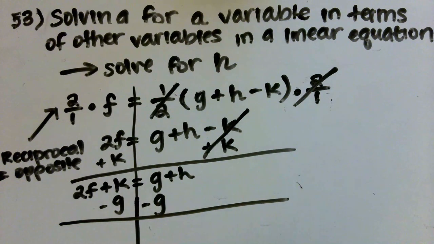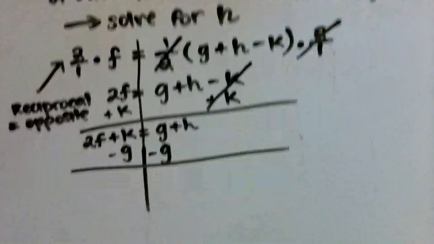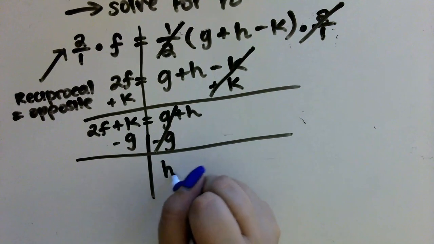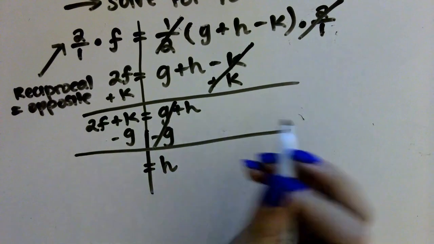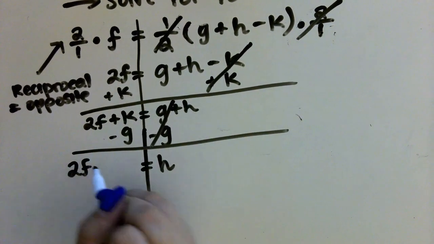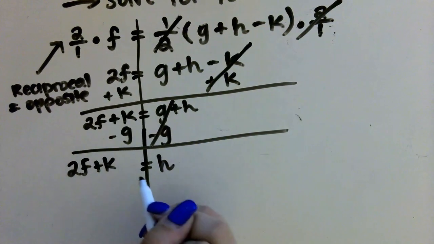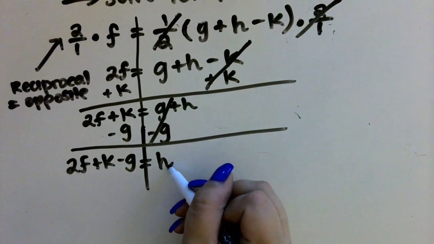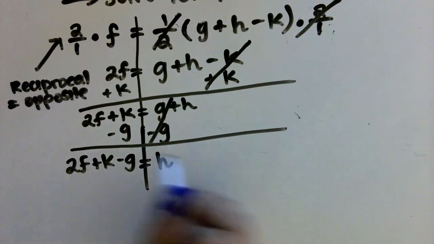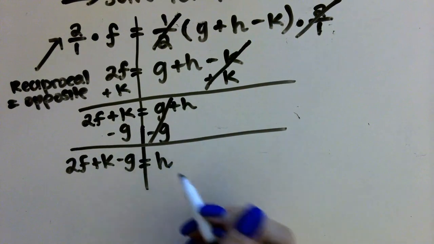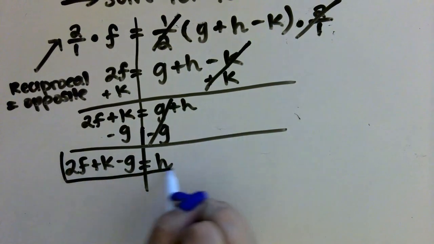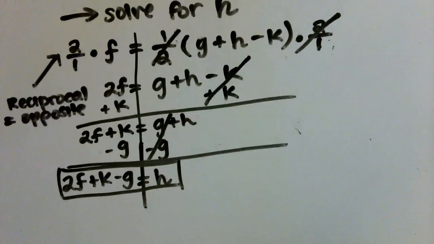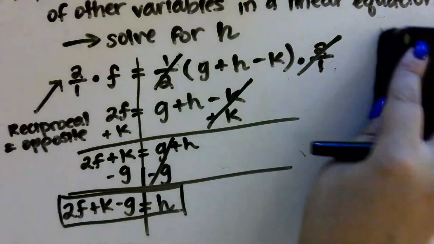Again, draw that line. These cancel out, so all I have left on this side is just an h is equal to 2f plus k minus g. We have solved for h in terms of the other variables, but this time using a fraction. Okay, box that answer off, and let's do one more example.